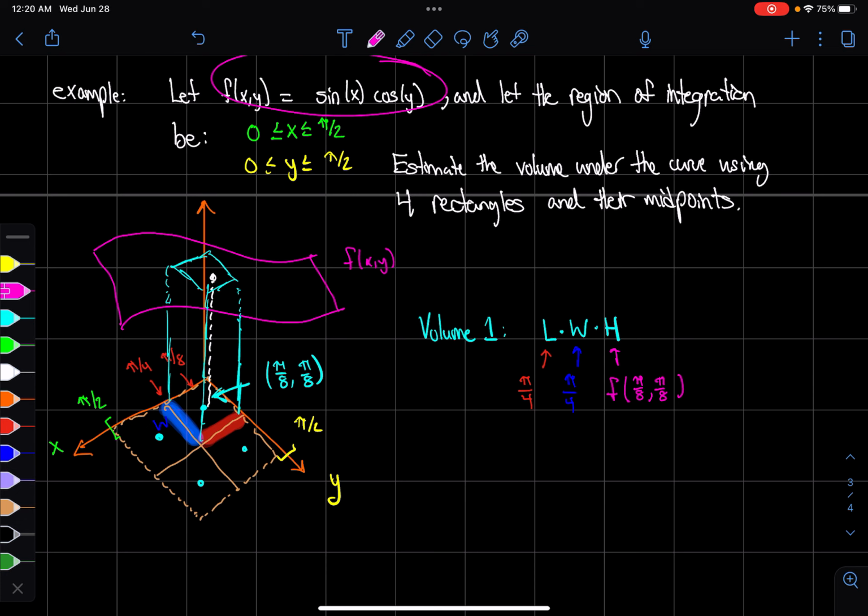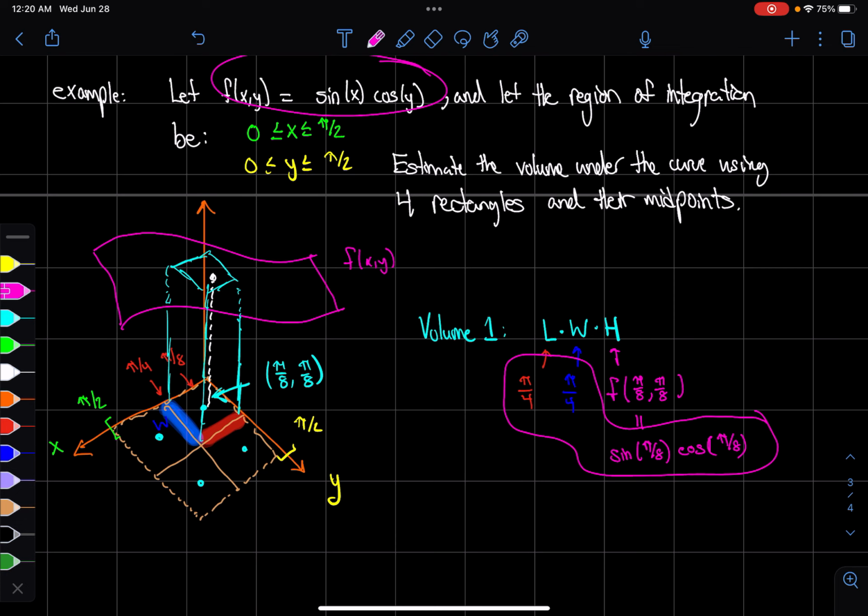So this is just going to equal sine of pi over 8 times cosine of pi over 8. Wonderful. And this right here is the volume of my first rectangular prism. This is my first Riemann sum.